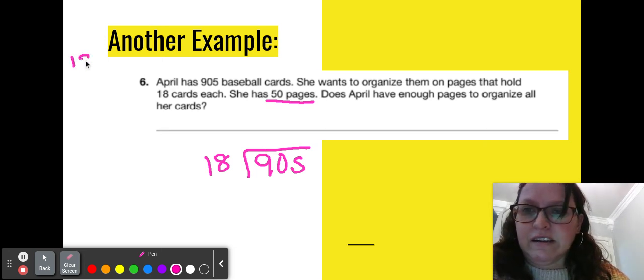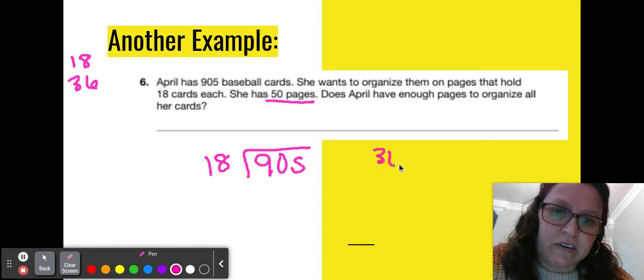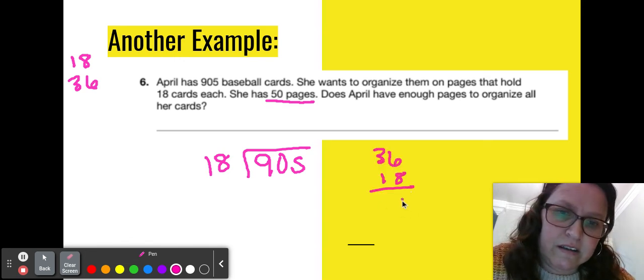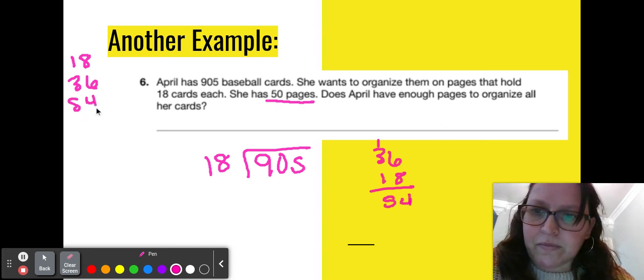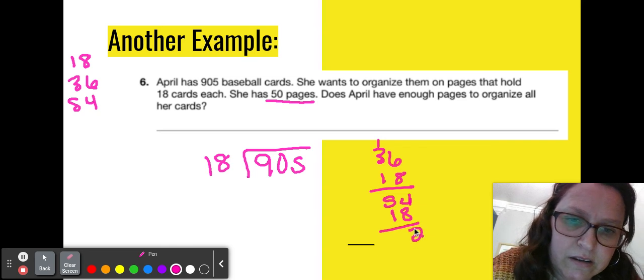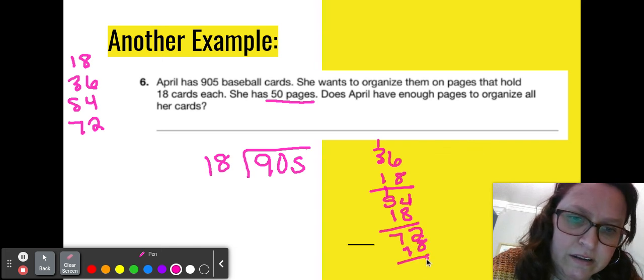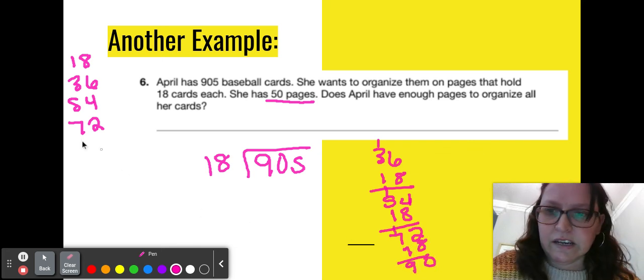So I have 18. I have 36. Let me see. 36 plus 18 is 54. 54 plus 18 is 72. 72 plus 18 is 90.